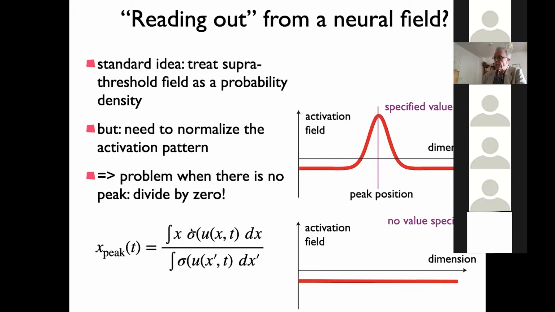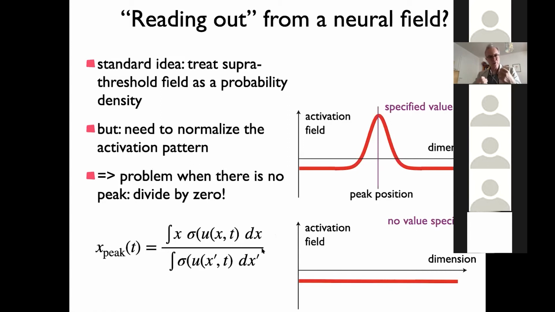The theoretical mean would be the sigmoided activity as a function of this dimension x, multiplied with x, summed or integrated over all x, but I have to normalize that. I have to divide by all activity in the field, suprathreshold activity. That would be the theoretical mean.